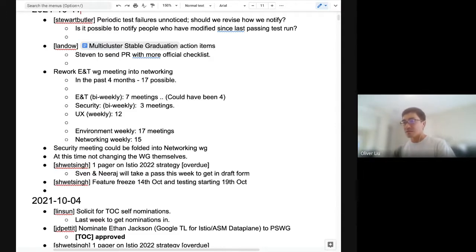Just make it flexible. Because if I cancel this security meeting from the calendar, I don't know if it's easy to add it back in the future if we need it.